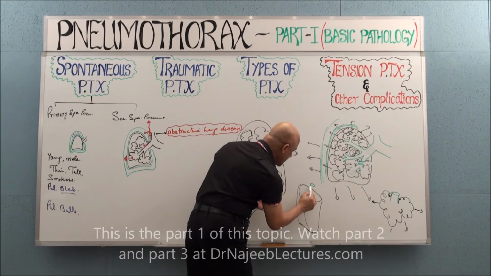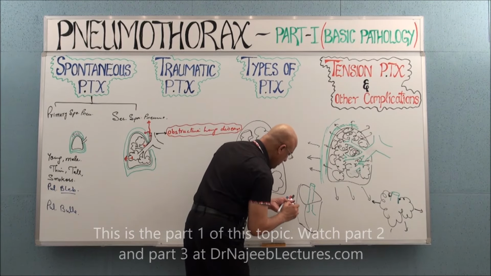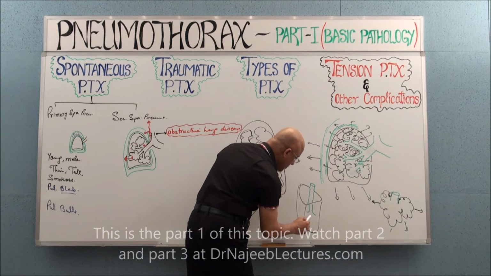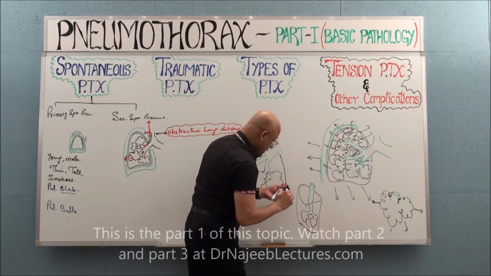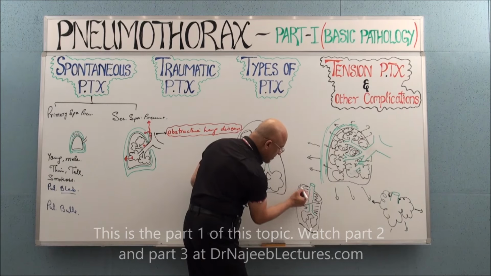This is the airway, and then it is dividing into, let's suppose, air spaces. Now actually, all this is surrounded by lung parenchyma. You understand it?